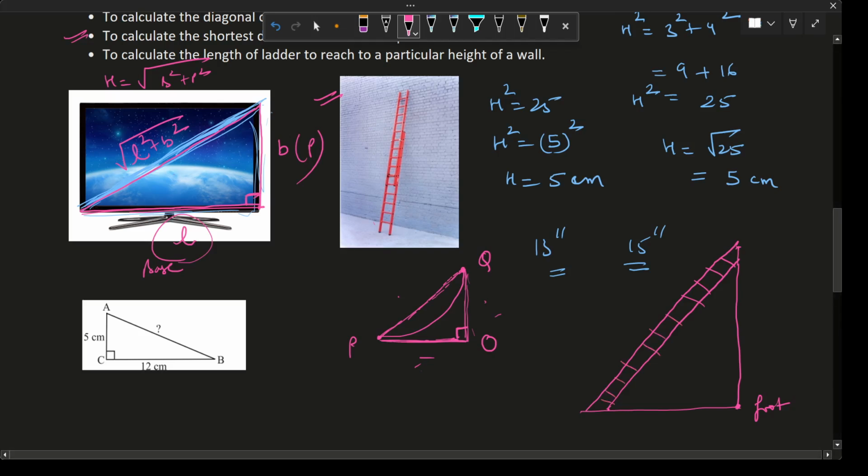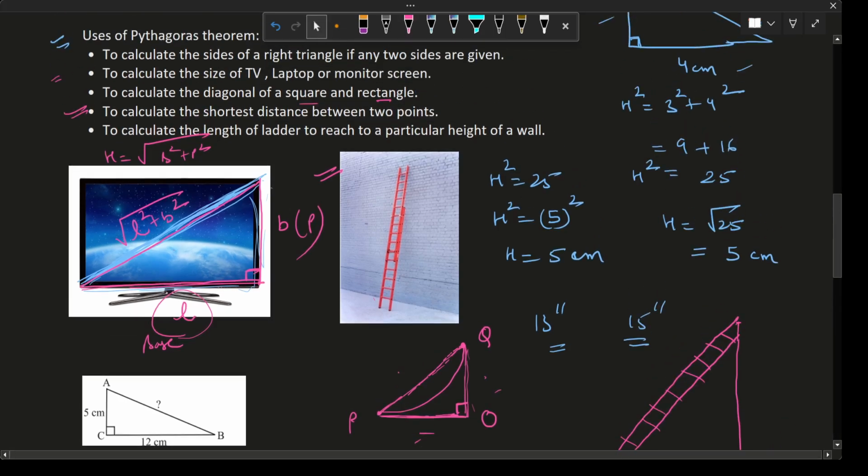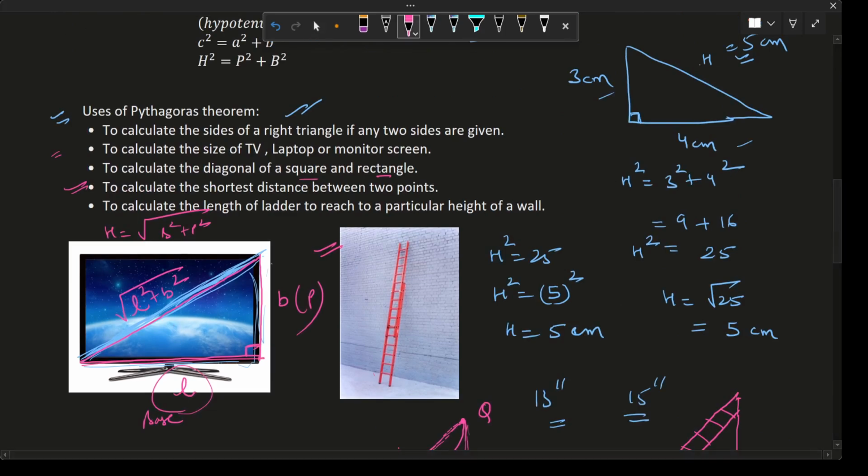Okay students, this is what you need to understand, the use of Pythagoras theorem, before moving on to the questions. First, I told you that if any two sides of a right angle triangle are given, you use the Pythagoras theorem to calculate the other, third side, which is not known to you. Then the dimensions of TV, laptop screen and monitor screen are always given in diagonal.